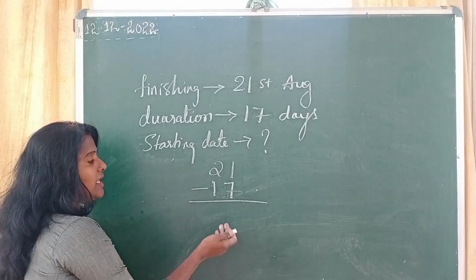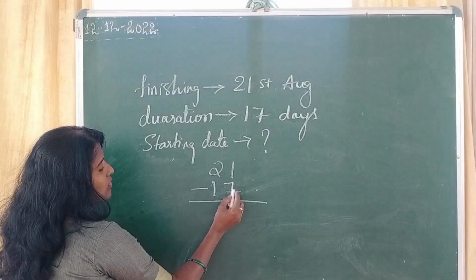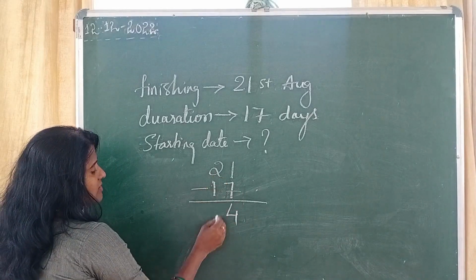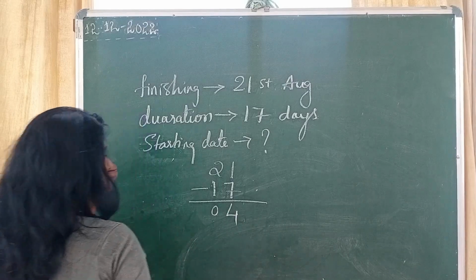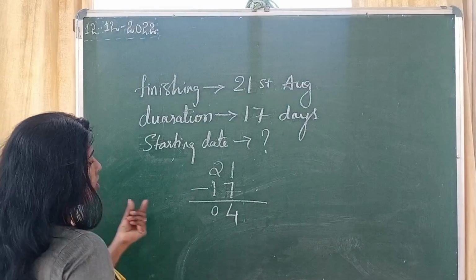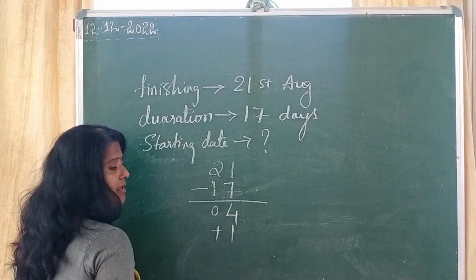Directly, no need to take a month or anything, directly you can subtract. 11 minus 7 is 4, and 2 minus 1 is 1. But I told you, no, the day on which it was started, that also you have to count. Now here you have to add one day.